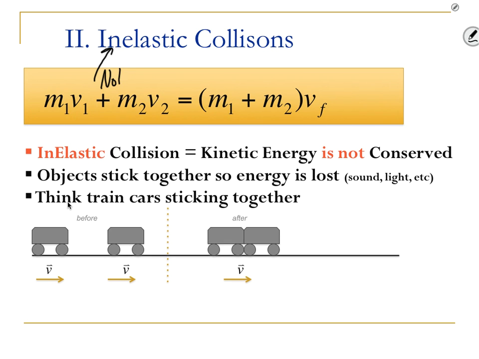Or they could have just said not elastic, but they used the word inelastic. That means the momentum of A plus the momentum of B equals the combination of A and B.